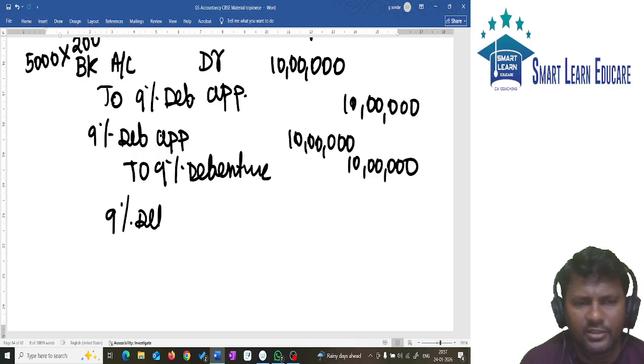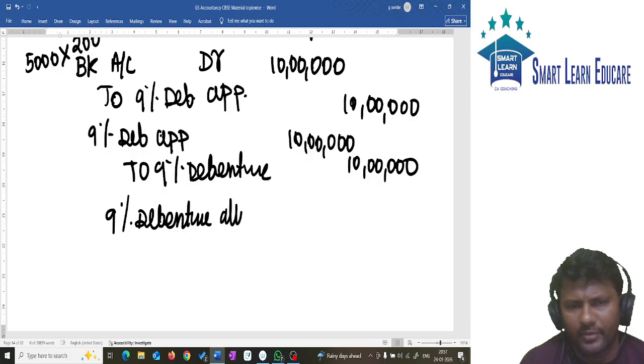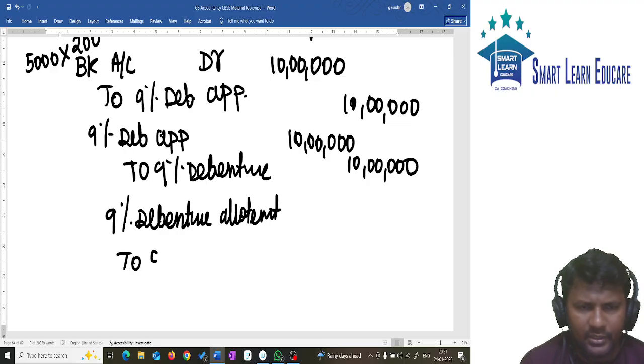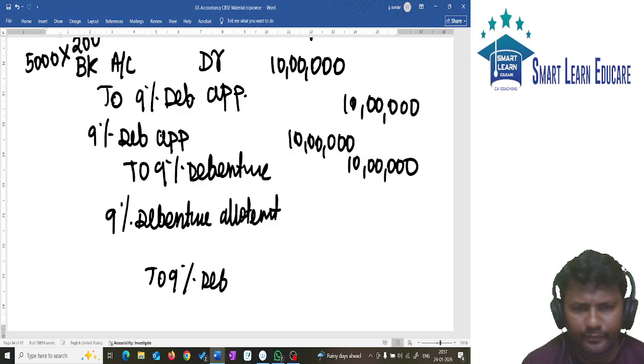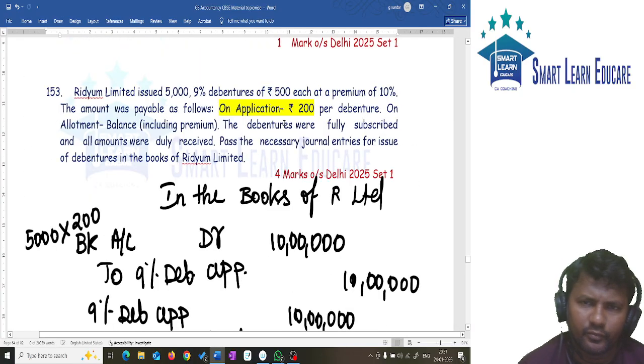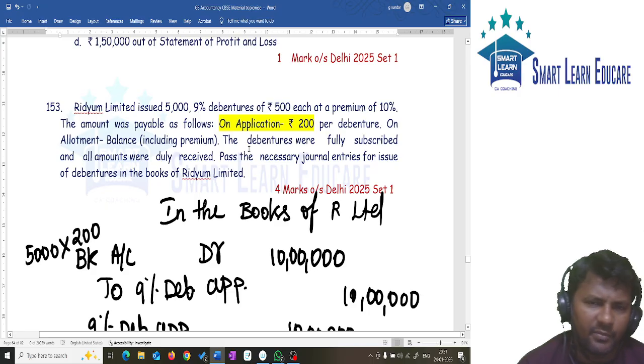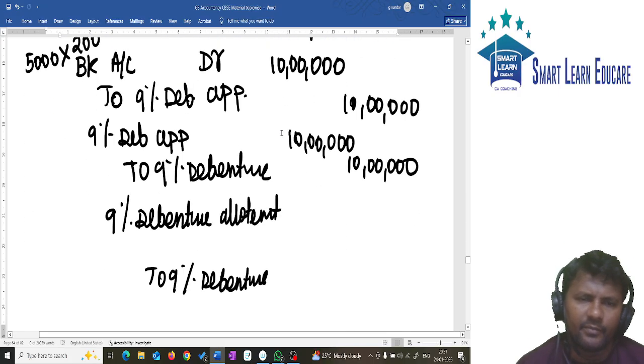9% debentures allotment account debit to 9% debentures. It is issued at a premium, so the first entry is for the premium.